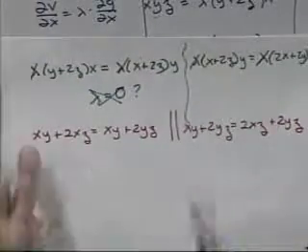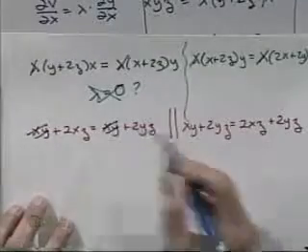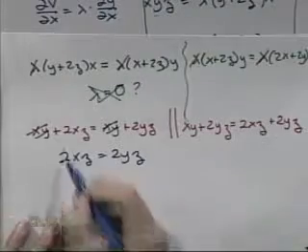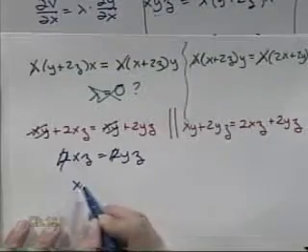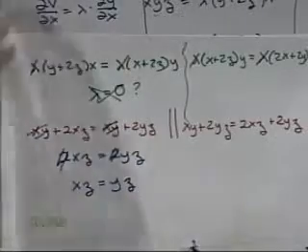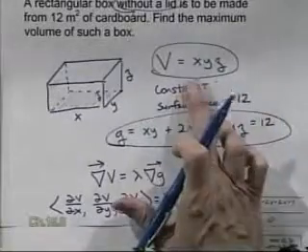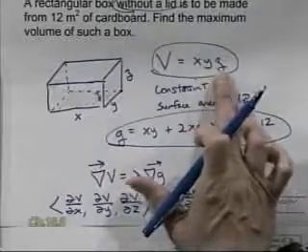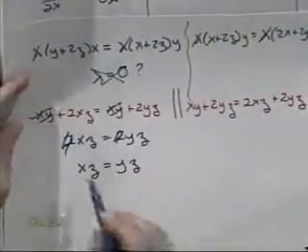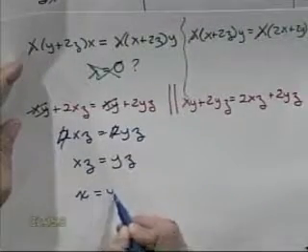Well, lo and behold, here, the xy's cancel, so I get 2xz equals 2yz. The 2's cancel, and I get xz equals yz. Z can't be 0. Z can't be 0 because, remember, we're maximizing that volume equation. You let z be 0, your volume is 0. I don't think that's going to give you a maximum volume. Well, if I divide through by z on both sides, I get x equals y.